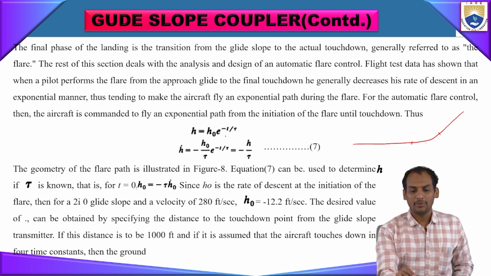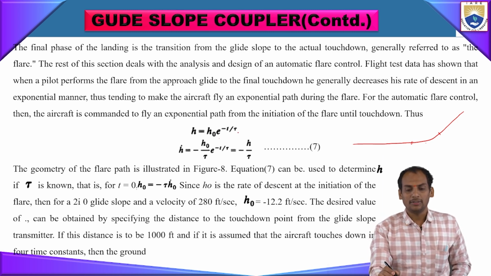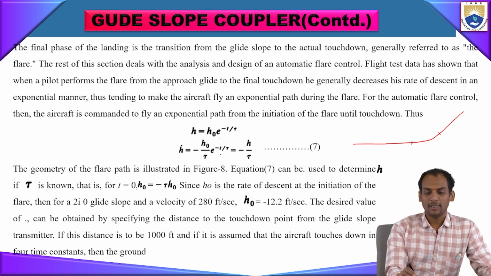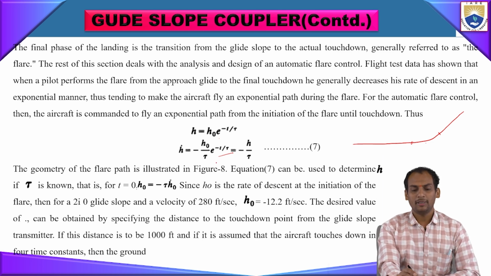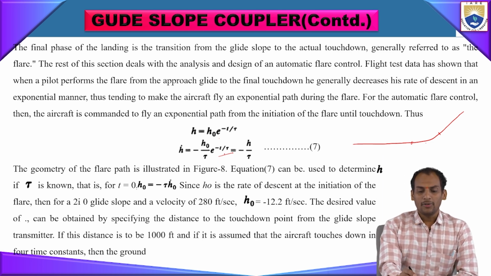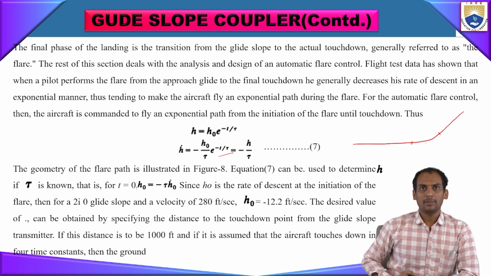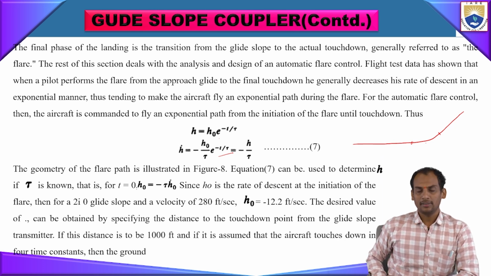That has been defined as h equals h naught times e to the power minus t by tau. Here t by tau is the controlling agent for this height control. The geometry of the path is illustrated in figure 8.